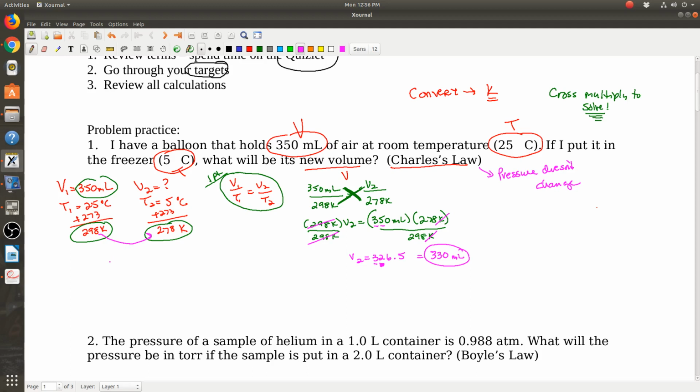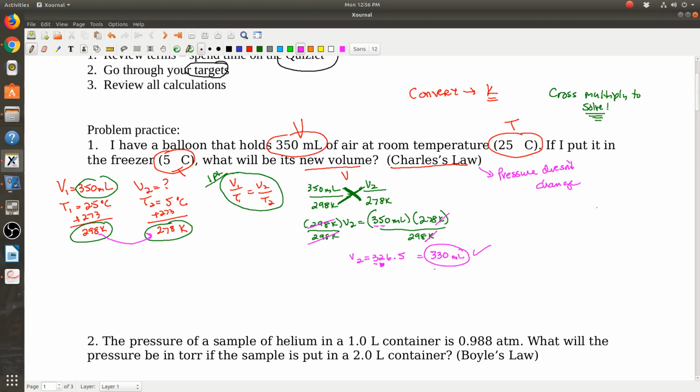When the temperature goes down, the volume should go down. Because with Charles' law, when the volume goes up, it's because the temperature went up. Think about our experiment with the syringes. When the temperature goes down, the volume goes down. So the temperature went down from 298 to 278. The volume went from 350 to 330. So that was good. It followed the same relationship.